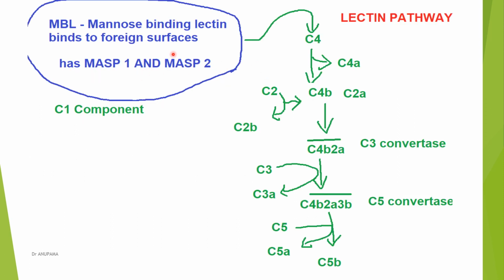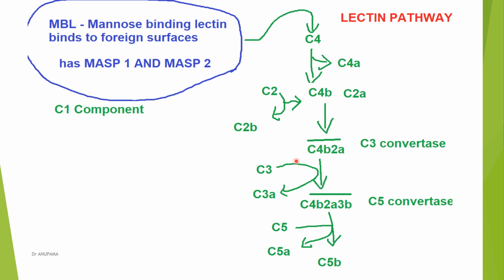So these mannose binding lectin proteins bind to the foreign surfaces, and we have MASP1 and MASP2 which activate C4. Now this C4, as we know, gets split into C4A and C4B. Then we also have C2 activation taking place just like in the classical pathway. So we have C4B2A formation, which is the C3 convertase.